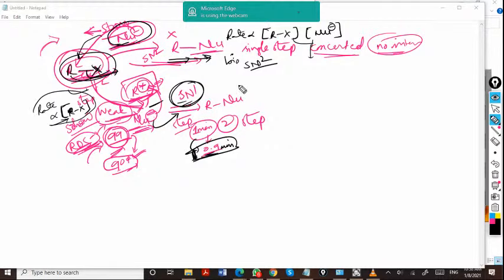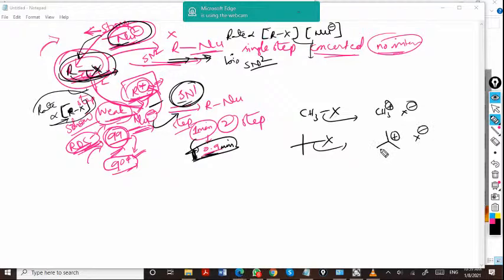Now let's see in detail about the starting material. Suppose the starting material is methyl halide, or the starting material is tertiary butyl halide. If each is broken into the carbocation and the halogen, considerably the tertiary butyl carbocation will be much more stable when compared to the methyl carbocation.